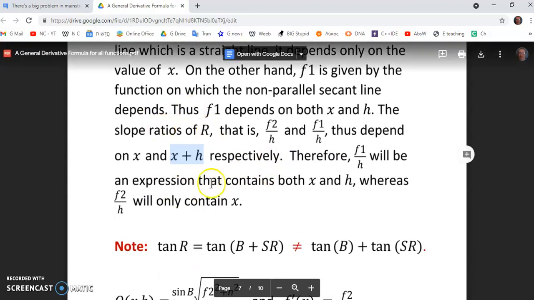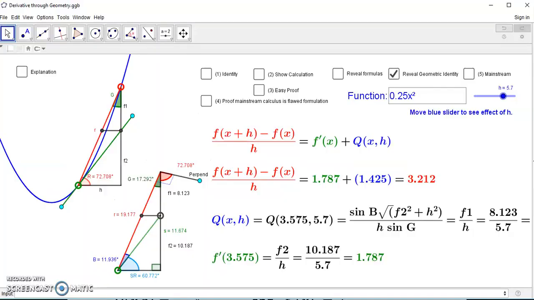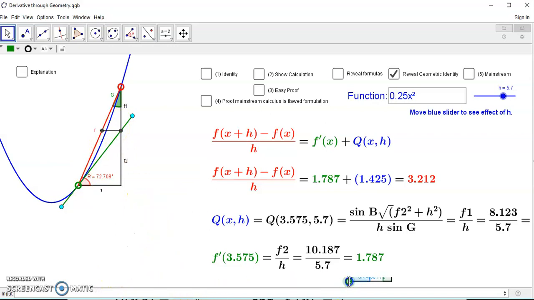In my document here I tell you why, and one of the reasons is this. If you're looking at this diagram here, the slope of the tangent line does not depend on h. How do I know that? Well, you might say, well, look at it.